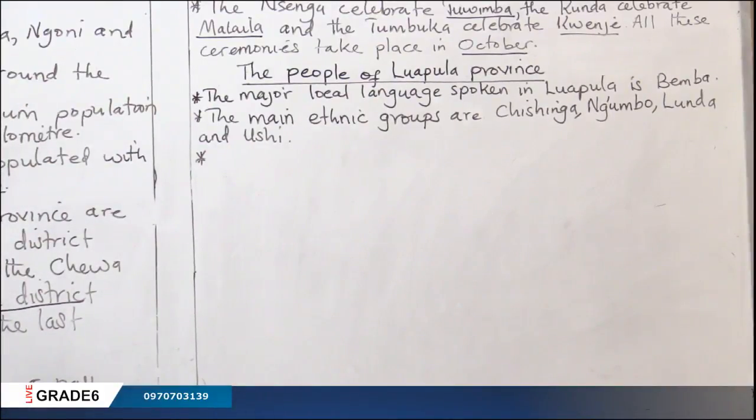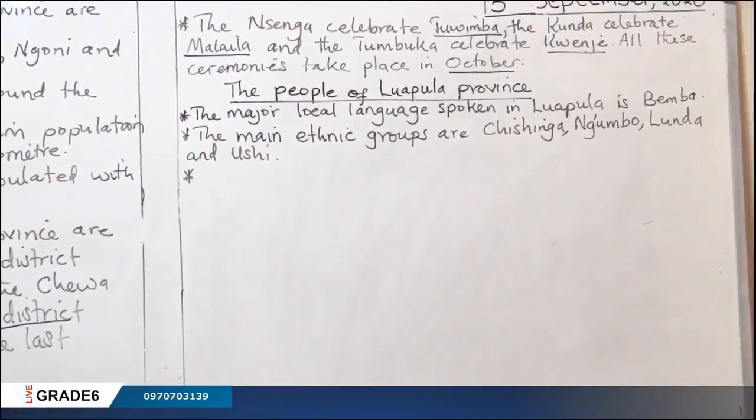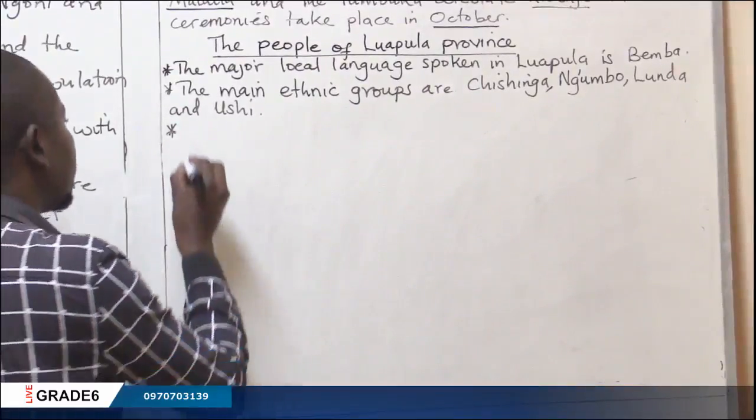The population distribution in Luapula Province is medium over most of the province, with 5 to 18 people per square kilometer.